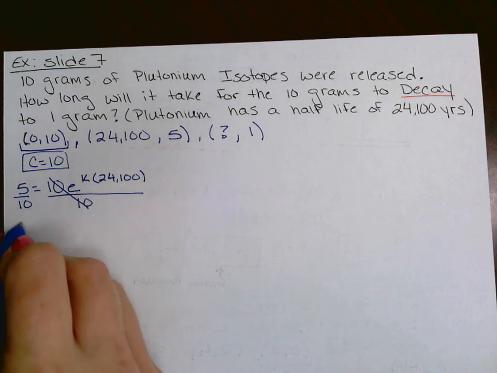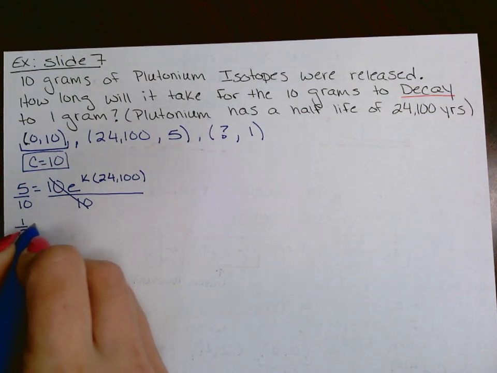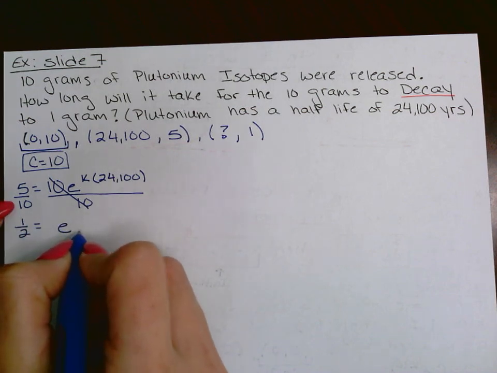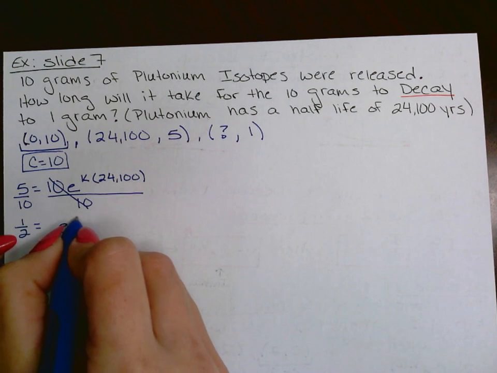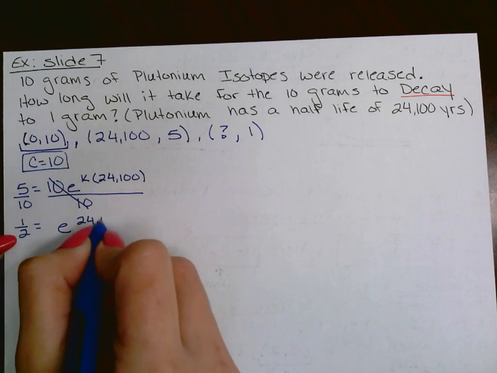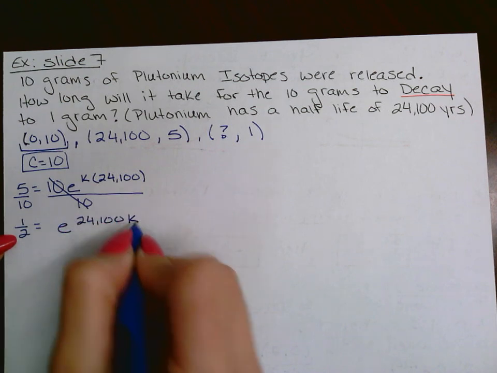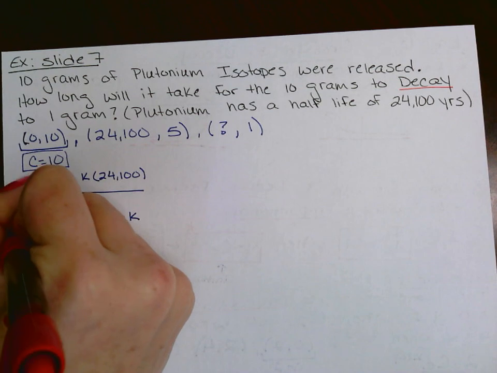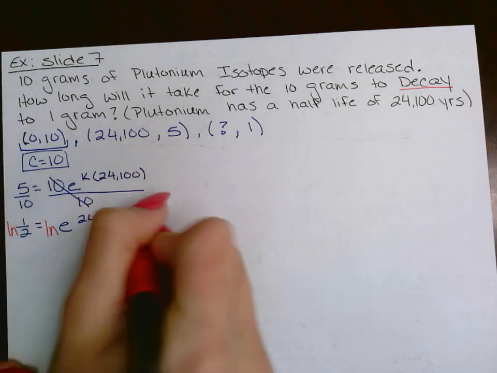And I have, sorry about that. So 5 over 10 is half, and I have E raised to, I'm going to put the number first, 24,100 K. What do I do to start getting that K out of the exponent? Very nice. ln to both sides.